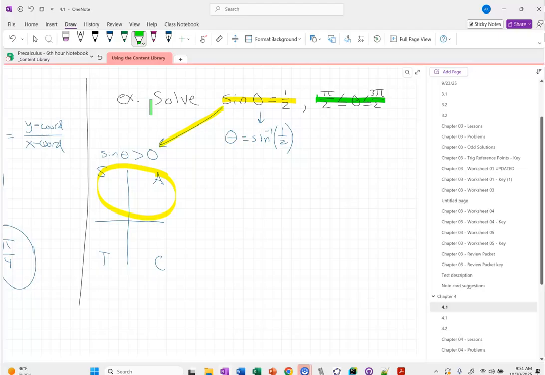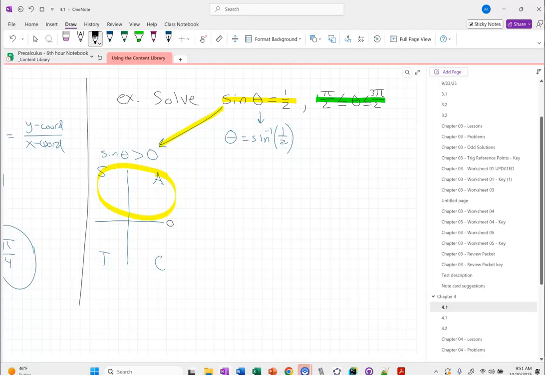Now I'm going to figure out what quadrants are covered by pi/2 to 3pi/2. Okay, so far so good. Remember, each quadrant is 1/2. So I'm going to start at 0. These are positive values, so which way am I going to count?